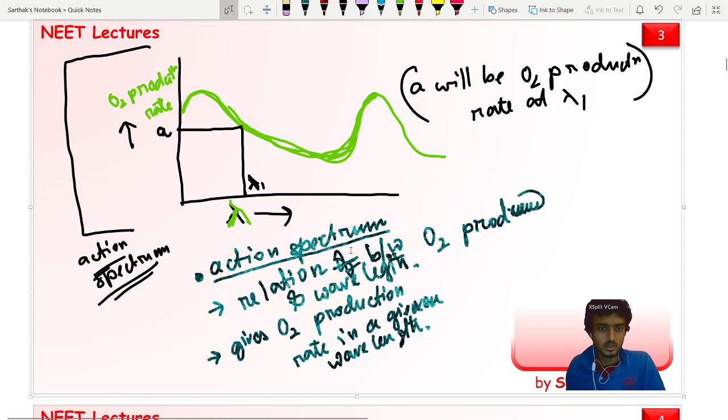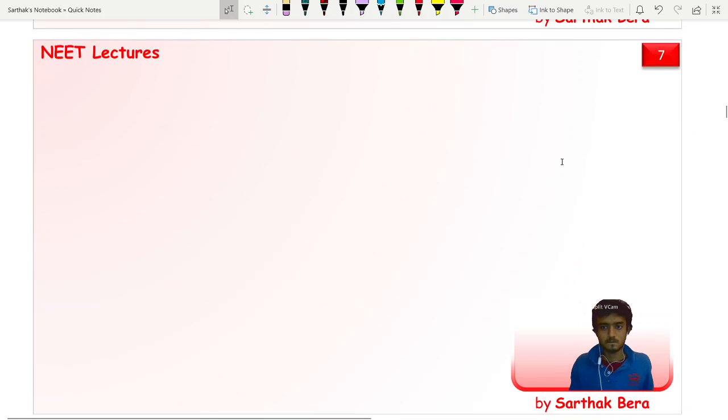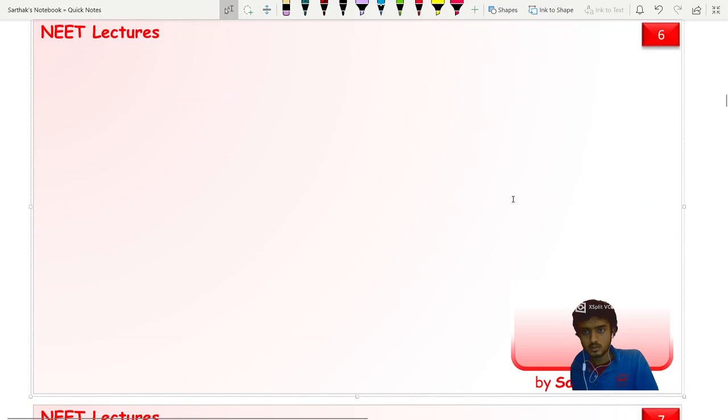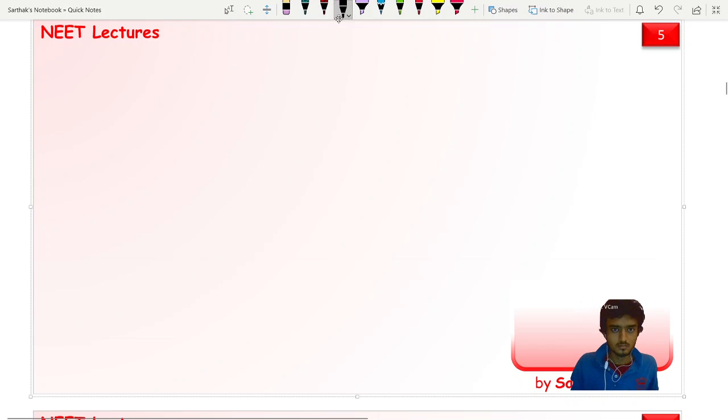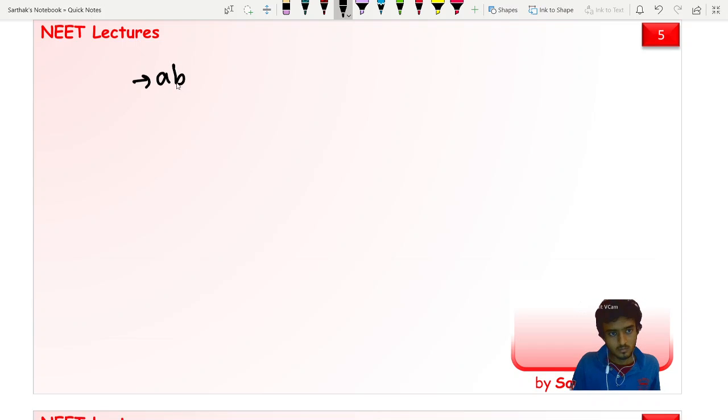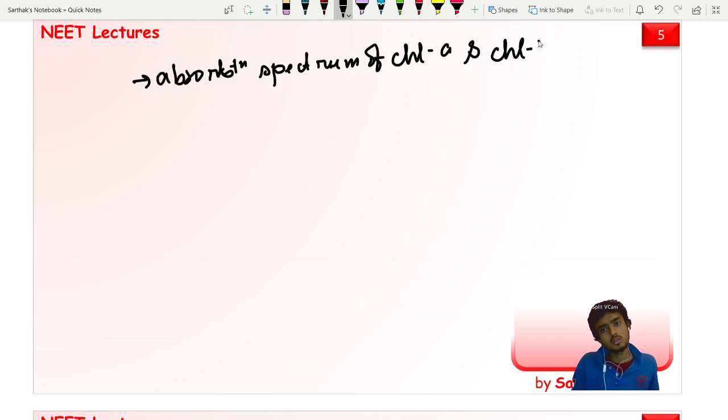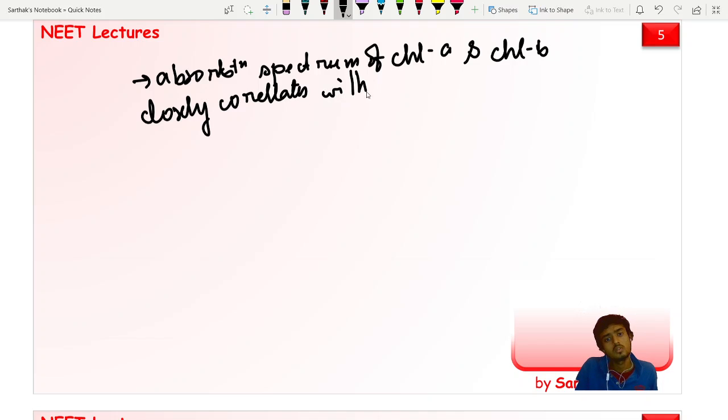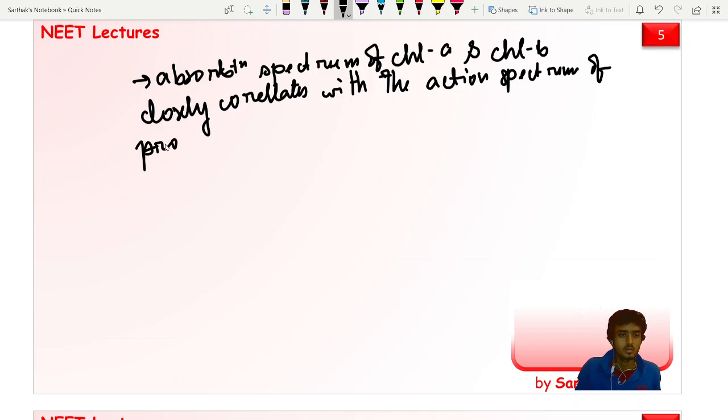Oh, sorry, our page is filled. We have to go into the next slide. What T.W. Engelmann has observed is that the absorption spectrum of chlorophyll A and chlorophyll B closely correlates with the action spectrum of photosynthesis.